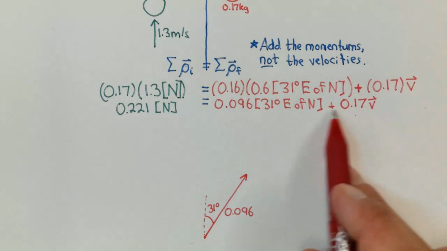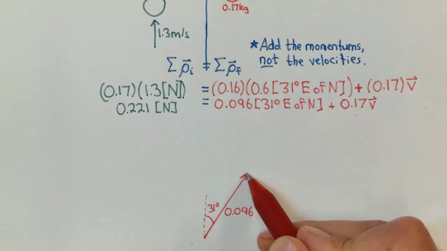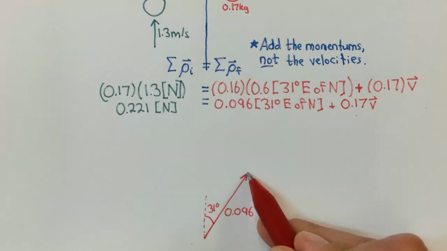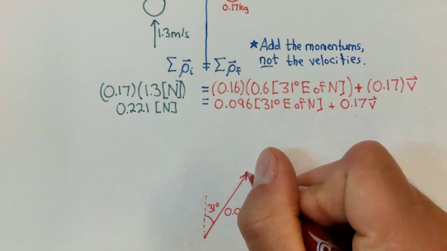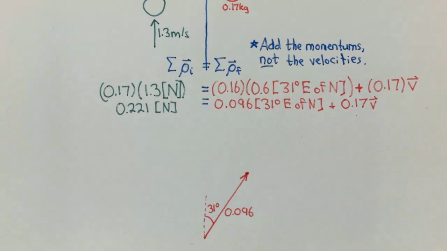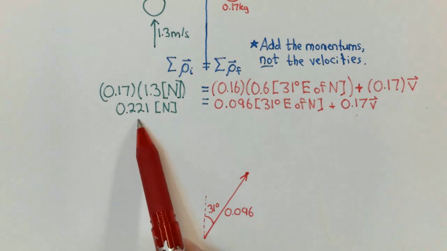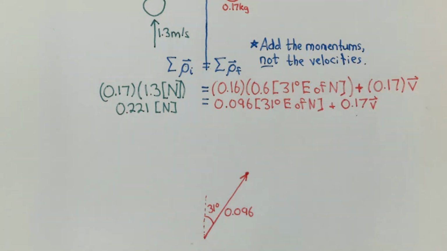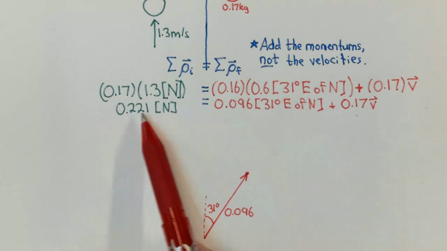The point is, because these are being added, they will be head to tail. So this vector is going to start here and go somewhere. But I know that my resultant, remember the resultant goes from the very start of the first vector to the very finish of the last vector, is straight north.